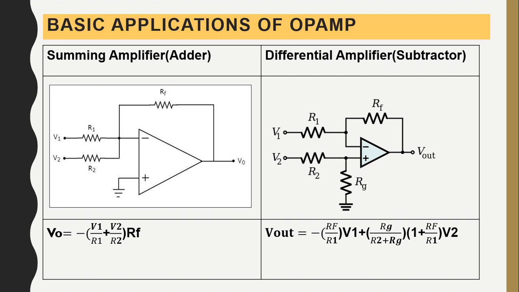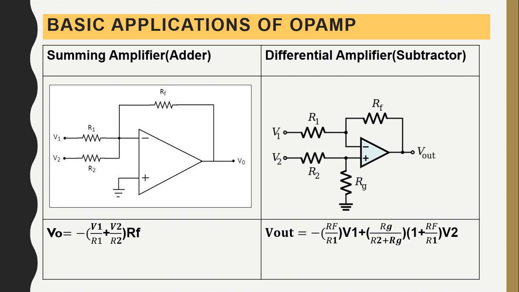Similarly, differential amplifier. This is also called a subtractor. Only two inputs we can connect through this circuit, and the subtraction of the input voltages, it will amplify and result as an output. In the majority of applications, R1 and R2 are equal, RF and RG are also equal.